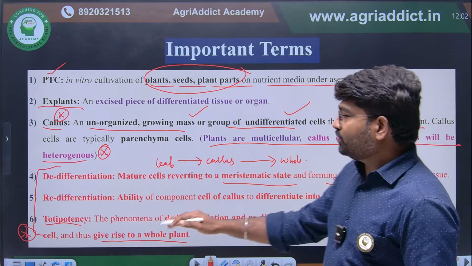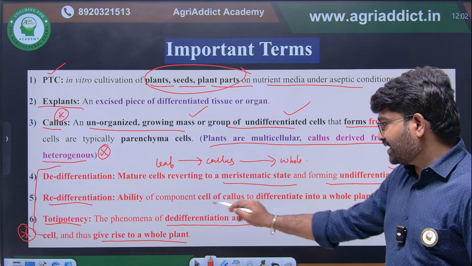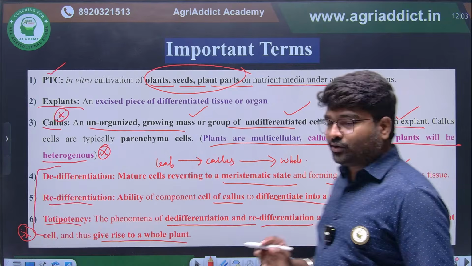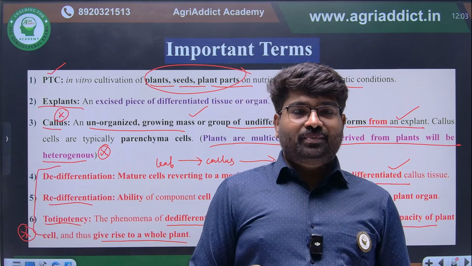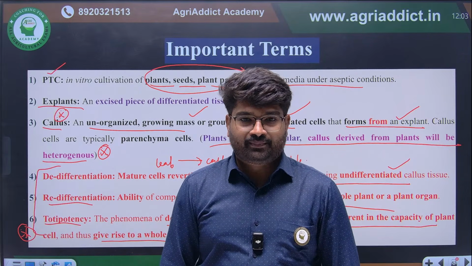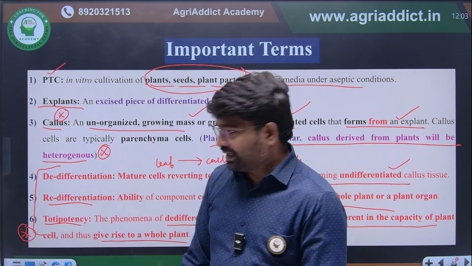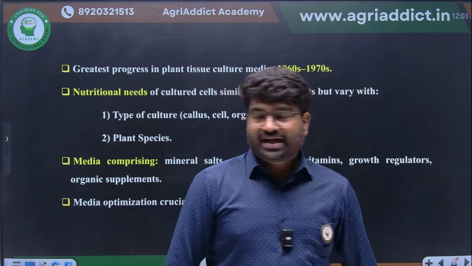This process is known as redifferentiation. That means the ability of competent cells of callus to differentiate into a whole plant. Clear? So de-differentiation and redifferentiation are the basis for totipotency. I hope this is clear for everyone. These are the definitions they are going to ask in the question paper.